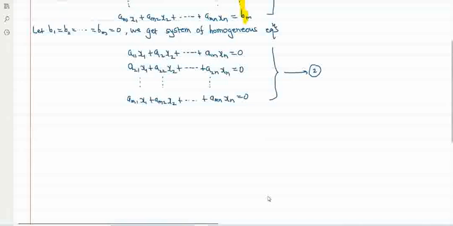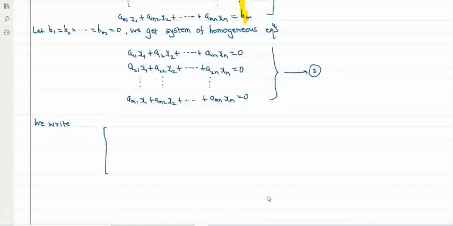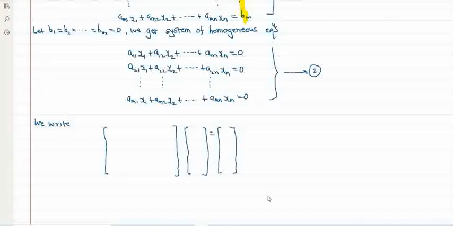We write this system in the matrix form. That is a coefficient matrix multiplied by the matrix of unknowns equal to the 0 matrix. Instead of the constant matrix you will have the 0 matrix. The unknowns are x1, x2, dot dot dot xn.